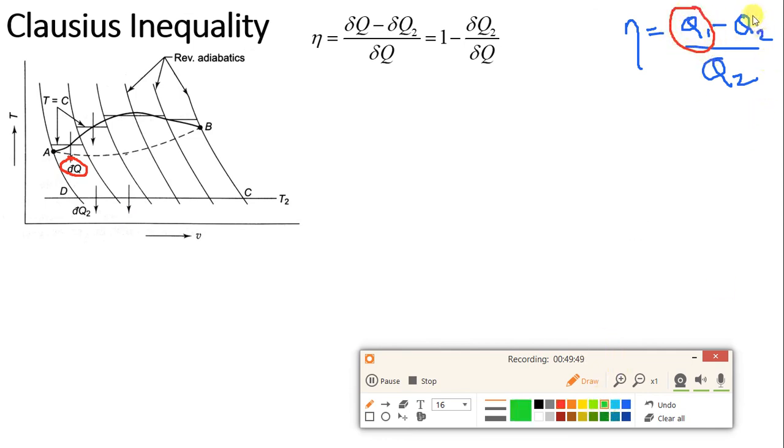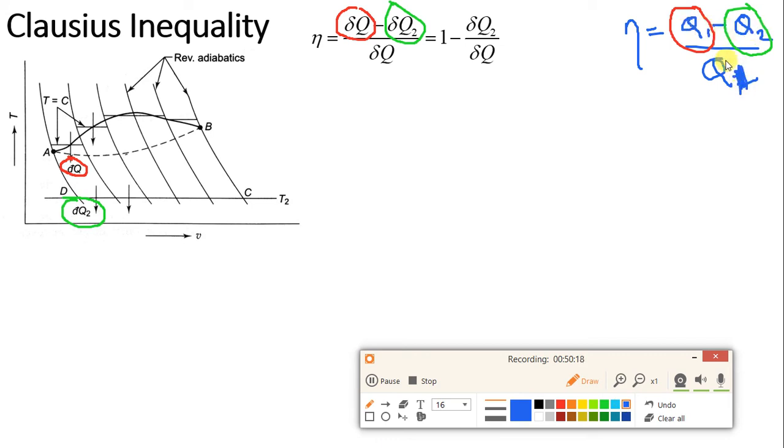This Q2 is delta Q2. So the formula we can write is delta Q minus delta Q2 upon delta Q. Sorry, this is Q1, this is a mistake.